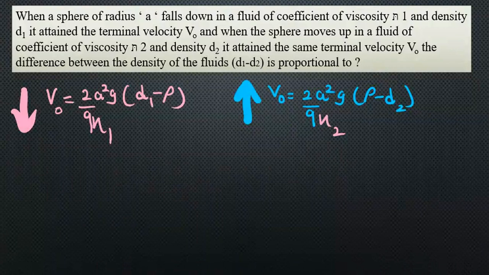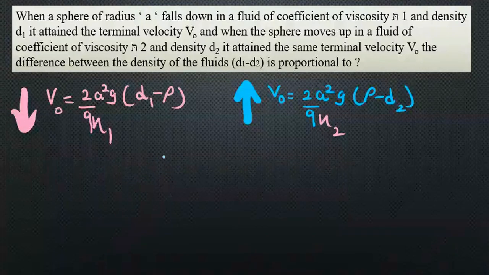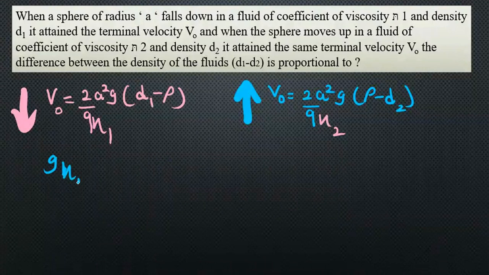To achieve that, let's make d1 the subject from the equations. So here I get 9 eta1 v naught divided by 2 a squared g equals d1 minus rho. Here I can take this minus rho to the other side, so then I get rho.